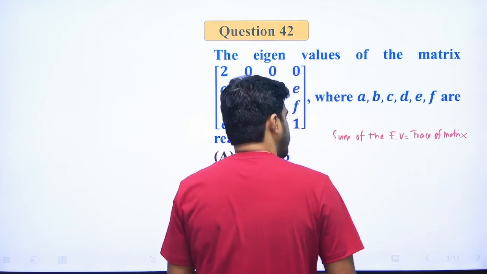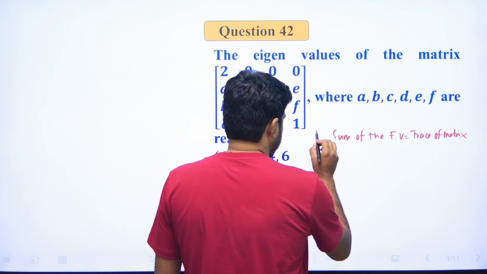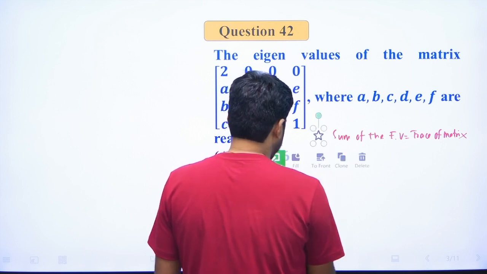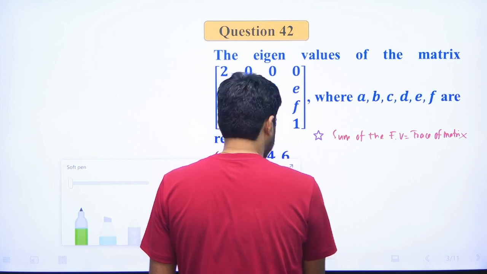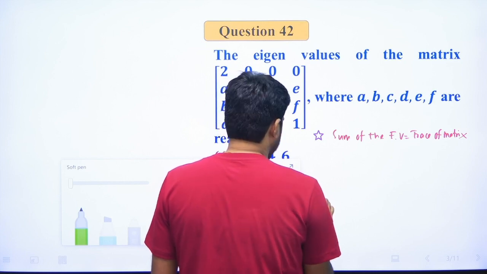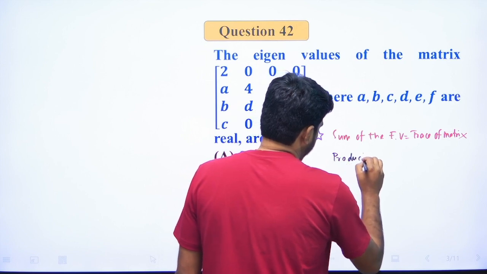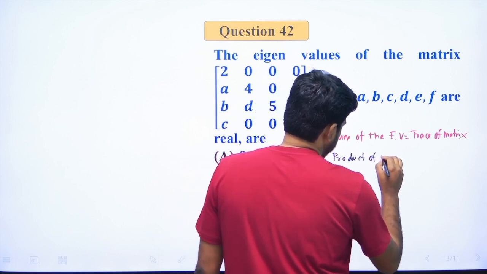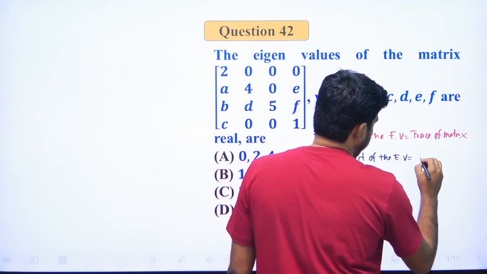This is the first property. And also we apply this property, that is product of the eigenvalues is equal to determinant of the matrix.